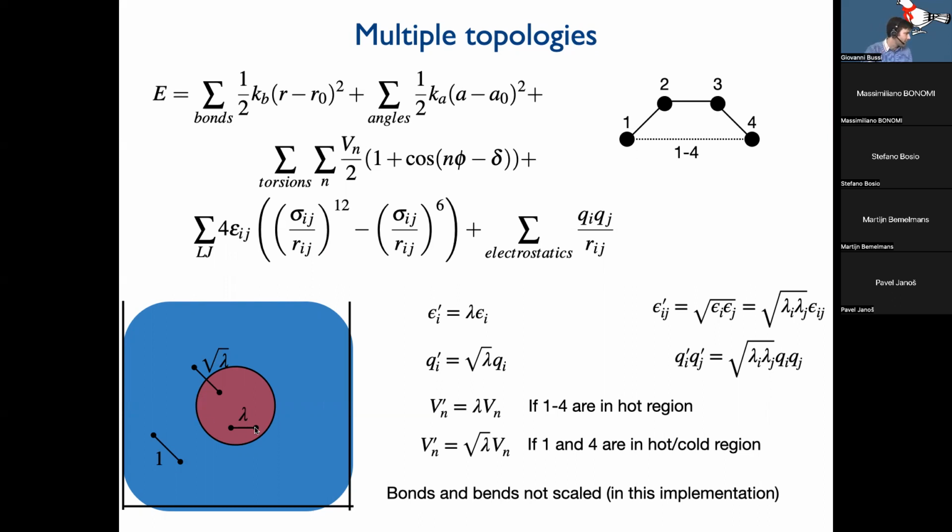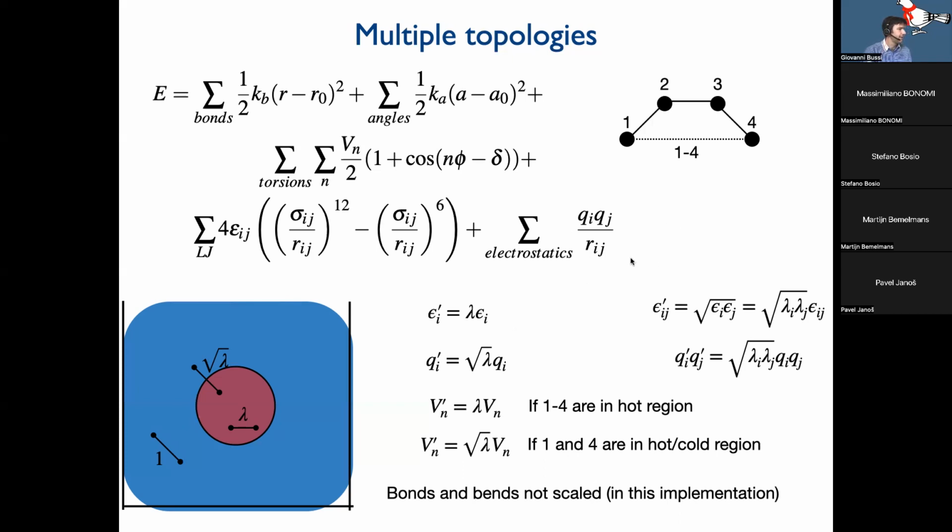So all the atoms located here should have an epsilon multiplied by a factor lambda. Now, the standard combination rules for Lennard-Jones tell you that epsilon for pairs of atoms should be computed as a geometric average. So automatically, if you don't scale epsilons in the blue region and you scale epsilon by lambda in the hot region, interactions between the blue and the red regions will be scaled by a factor square root of lambda.